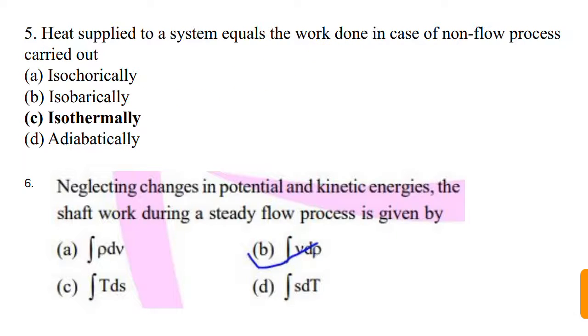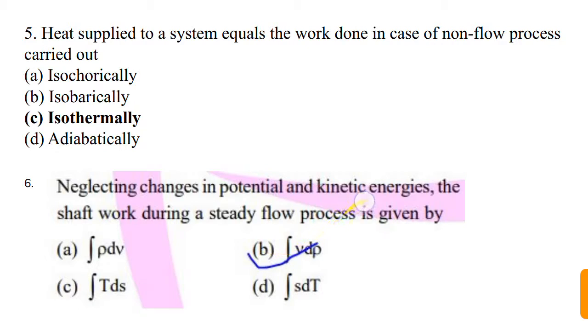So guys, see how they are asking very simple, basic questions in SSC JE. Now come to question number 6. They are asking, neglecting changes in potential and kinetic energies, the shaft work during a steady flow process is given by.